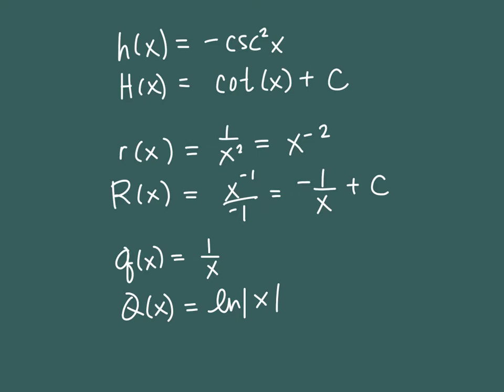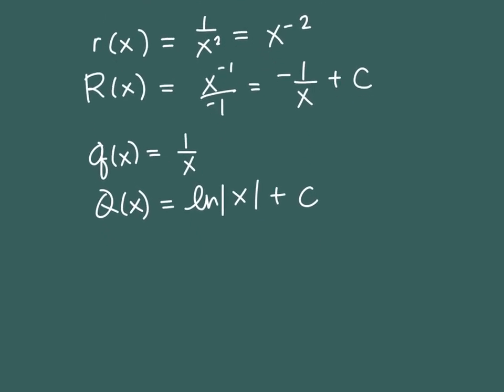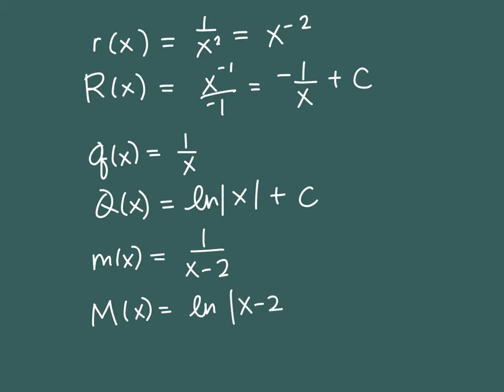So when you take the antiderivative of that, you're going to have absolute value around it plus the constant c. So that would apply to anything that's a linear function, 1 over x minus 2. Well, its antiderivative, m of x, would be the natural log of x minus 2, but it also would need to be in absolute values with the constant of c.